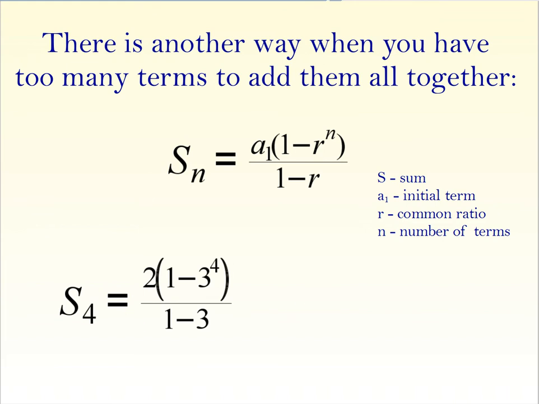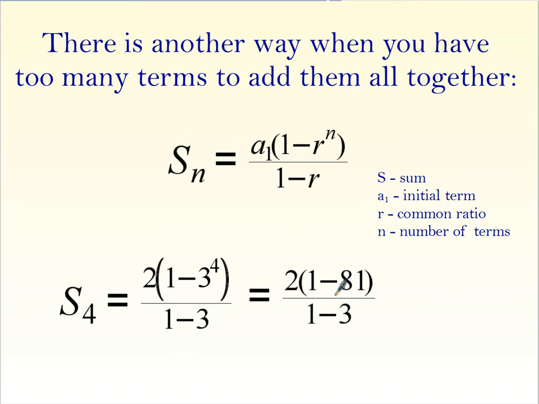So with numbers in it, this is the same series that I had to add together just a second ago. I have an initial value of 2, a common ratio of 3, and I want to add together the first 4 terms. So I simply put those numbers into my formula, and now I can multiply it out. First thing I want to do is the exponent: 3 to the 4th power is 81.